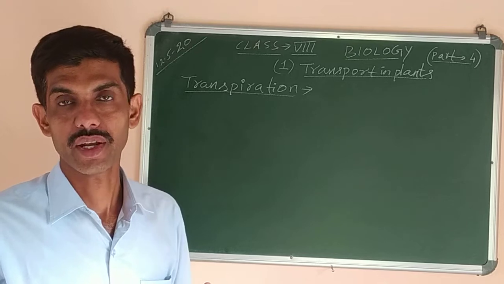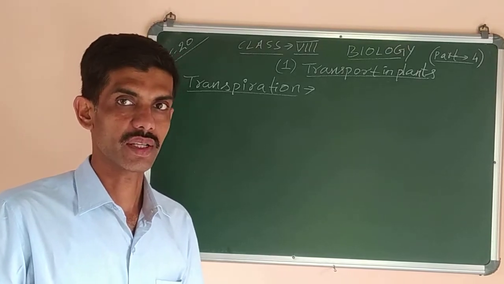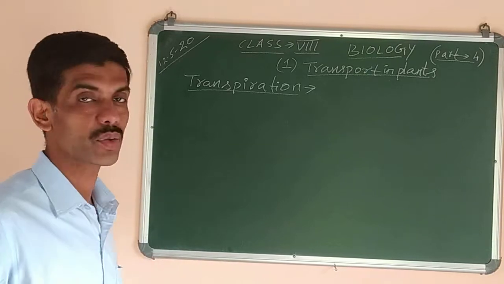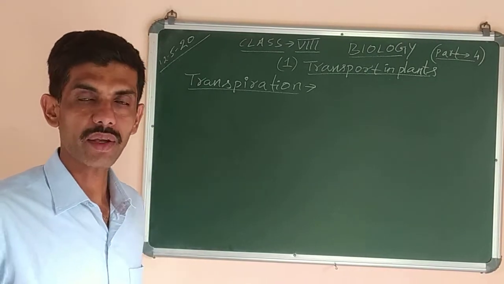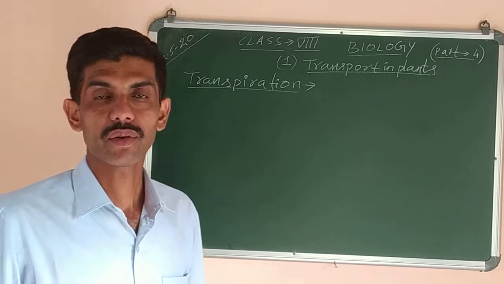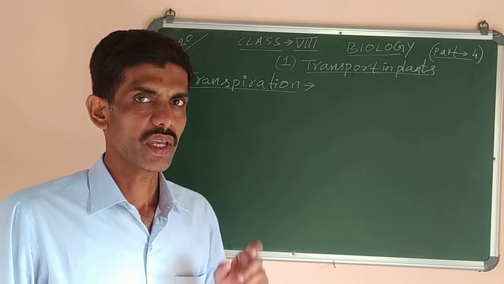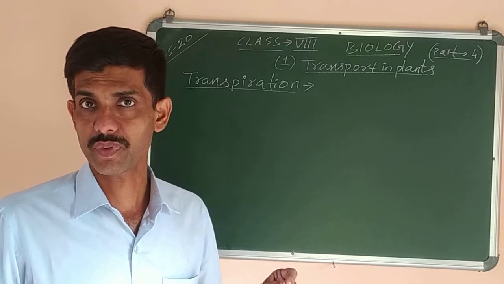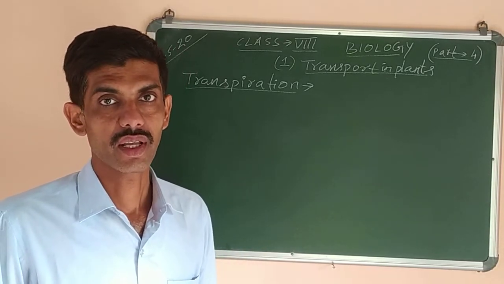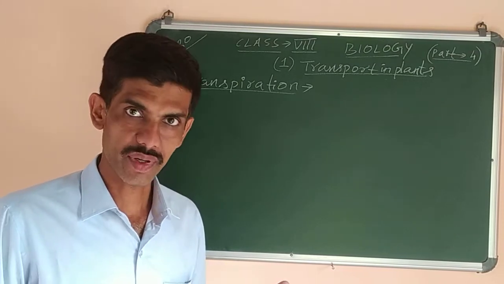The nutrients which are needed by the plants in large quantity are called macronutrients, and those which are needed by the plants in less quantity are called micronutrients. Then we studied about the examples also. The examples of macronutrients are NPK, that is nitrogen, phosphorus and potassium. Each of these nutrients had a specific function to do in the plants. And then we studied about the micronutrients also, their examples as well as functions.